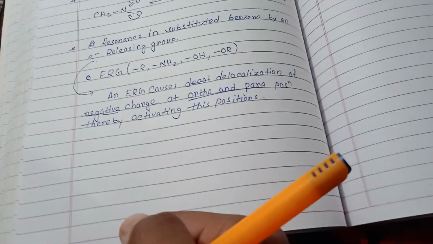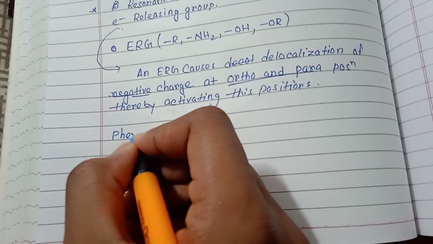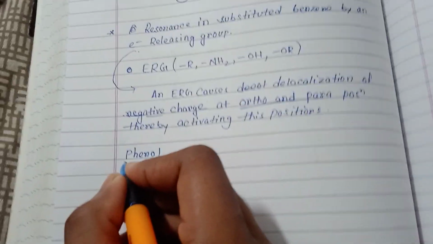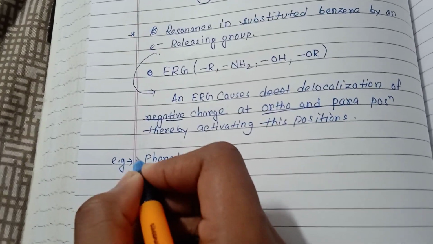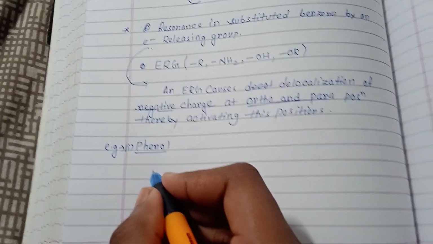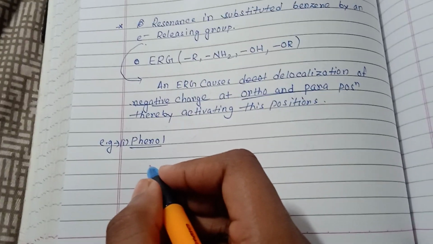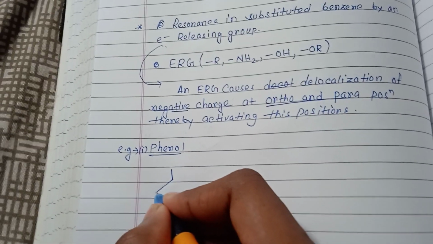Taking example of phenol. That's example number one. Now look here how I make the resonating structure of phenol. At first, draw a benzene.